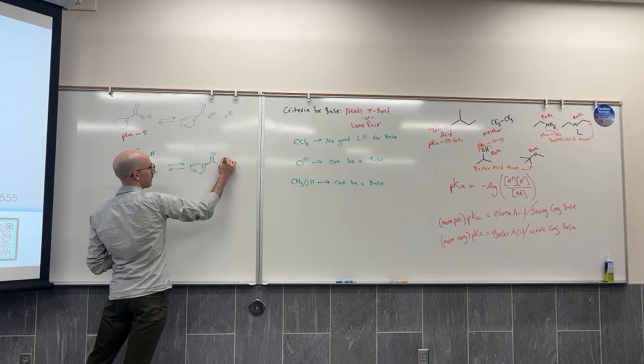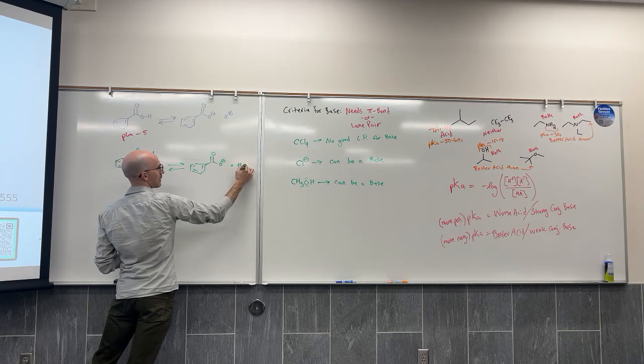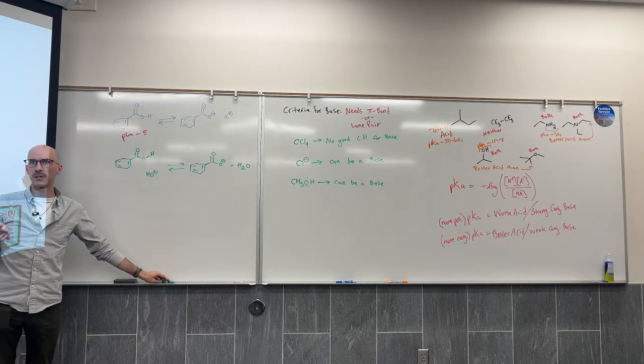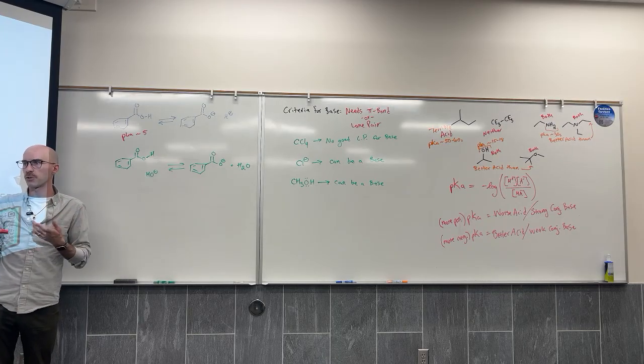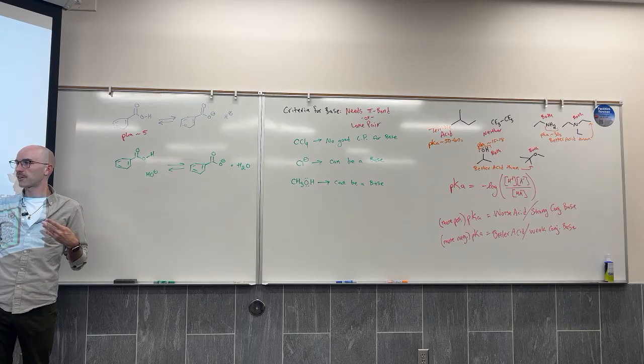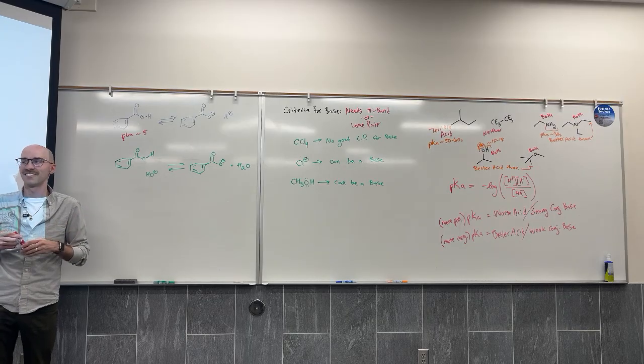An acid on the left and an acid on the right. This is a true equilibrium reaction. This is what you guys are doing in lab this week, using sodium hydroxide to deprotonate benzoic acid.